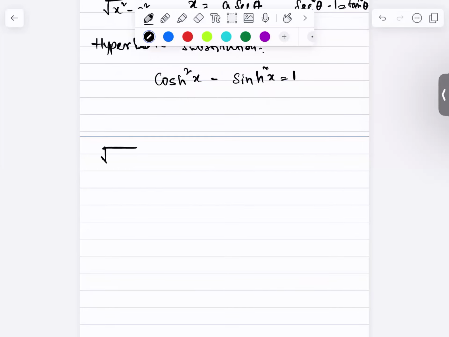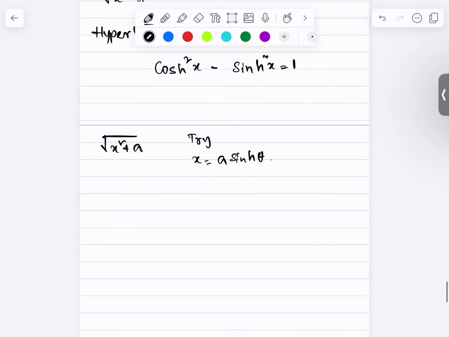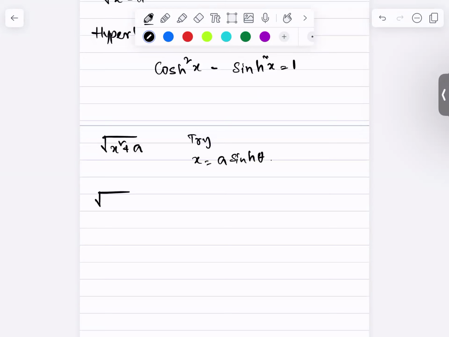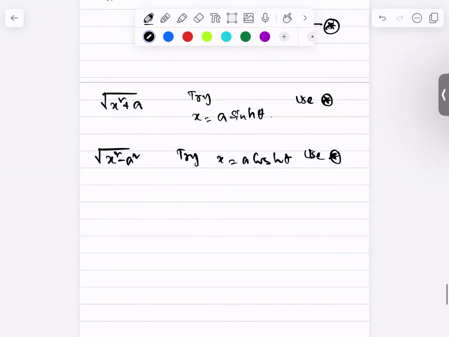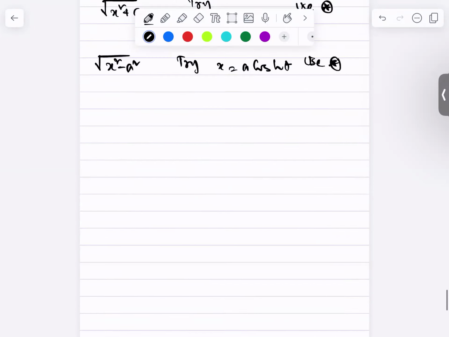For when we see this type of radical in the integration, we try to use x to be a sine hyperbolic theta and use the above identity. And when we have this sort of radical in the integration, we try to use x to be a cosine hyperbolic theta and use the identity star. Okay. Let us see one example.